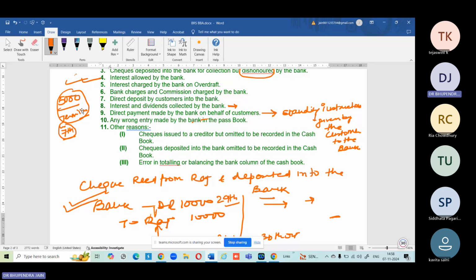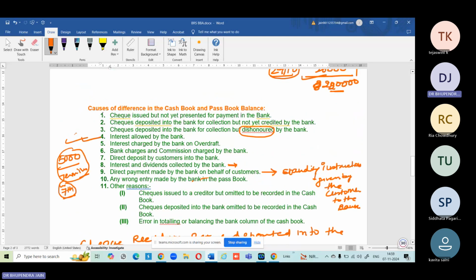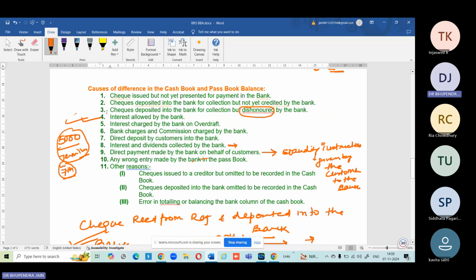If there is any mistake in the carry forward and brought forward amount, then this may also be a situation where the balances of the cash book and the passbook do not match. Okay. So many multiple choice questions may be prepared regarding the causes of differences, the reasons of differences.